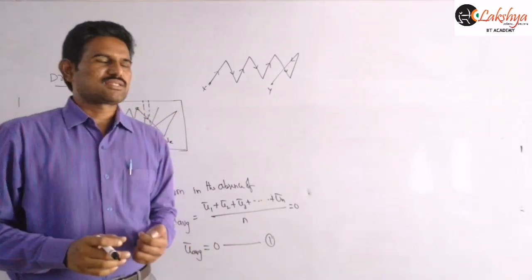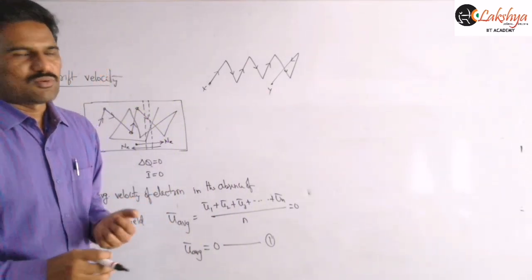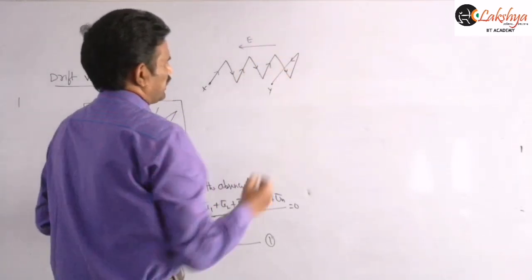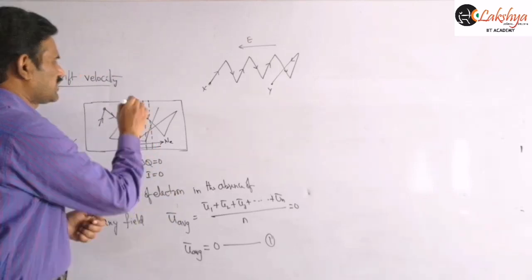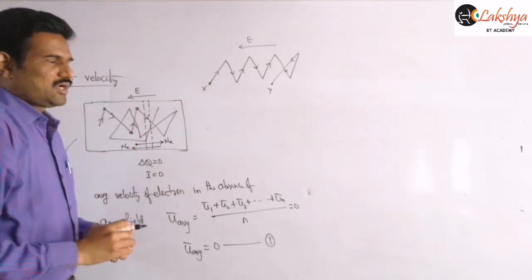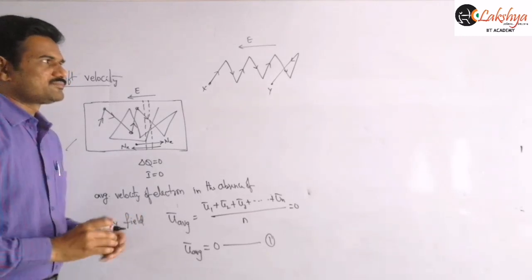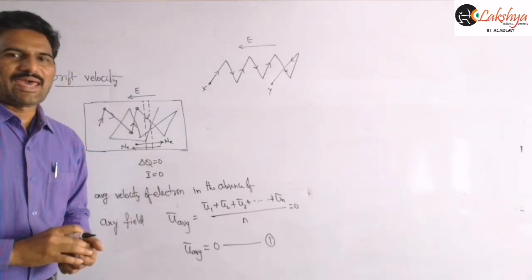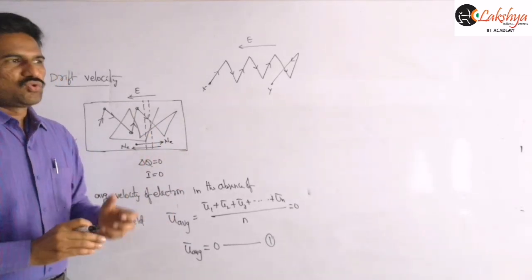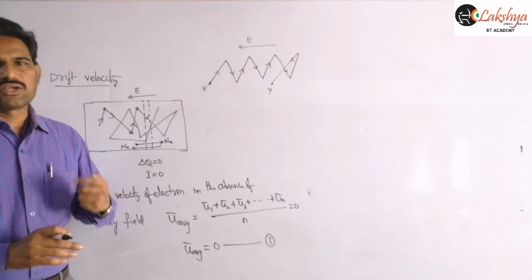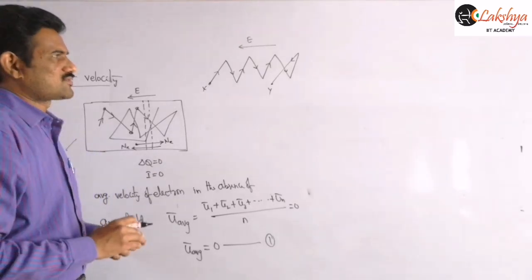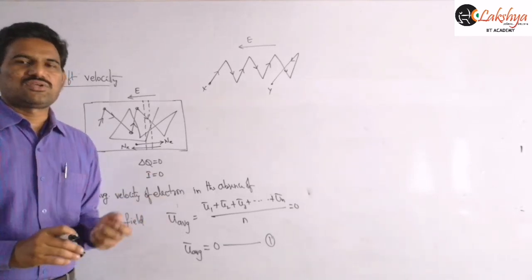Now if you apply some external electric field to this material, because of this electric field all the electrons will experience some force and will start accelerating opposite to the direction of the electric field, which we know already from electrostatics, because the electrons are negatively charged particles.